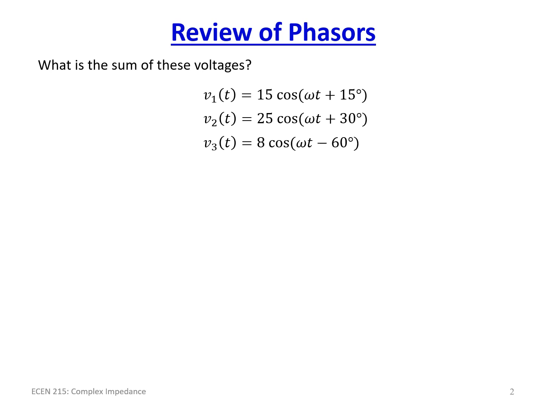So we have here three voltages, V1, V2, and V3 in the time domain, represented here by V1 equals 15 cosine omega t plus 15 degrees, V2 being 25 volts cosine omega t plus 30 degrees, and V3 being 8 volts times cosine omega t minus 60 degrees.